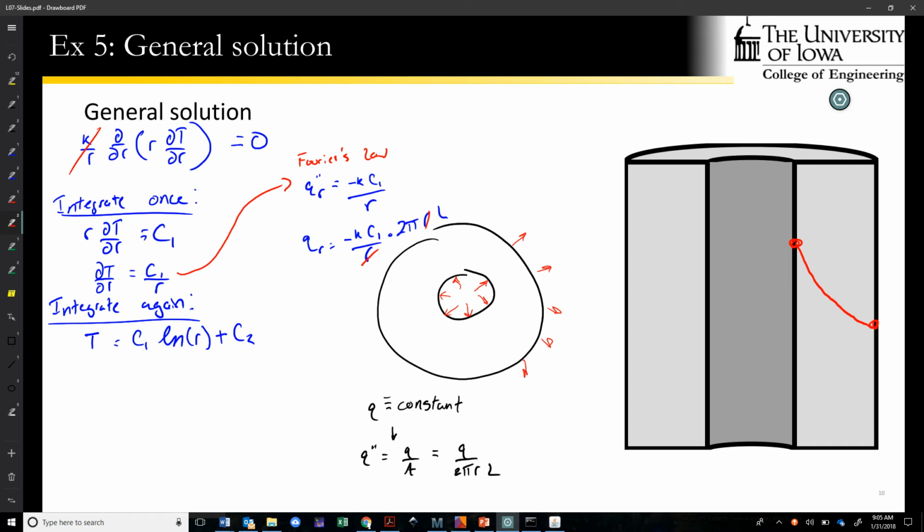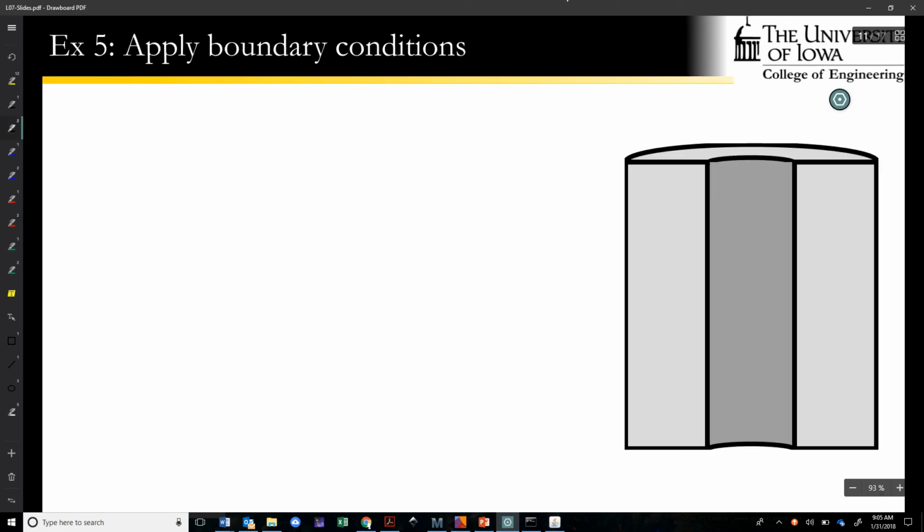Right, and so we've got our general solution, which is that T of r is equal to C1 ln of r plus C2. And we now seek to apply our boundary conditions, which, as I said, are Ts1, Ts2.